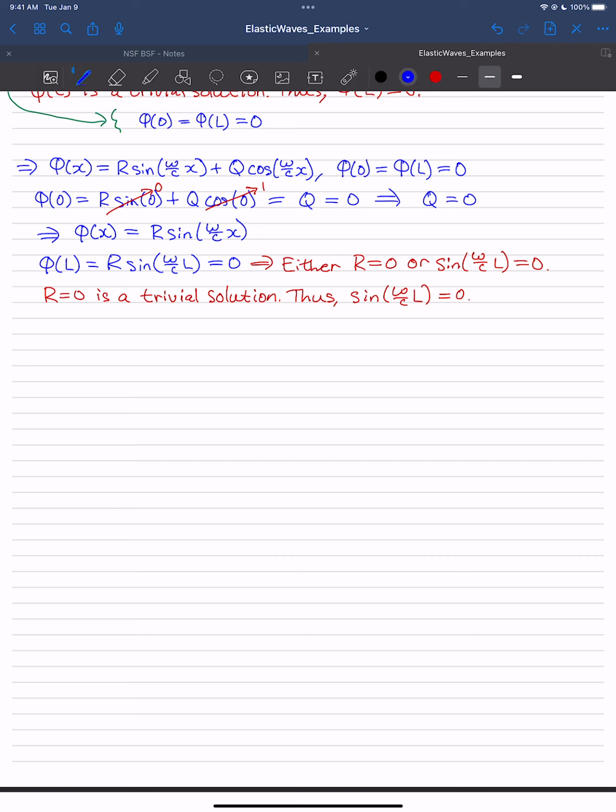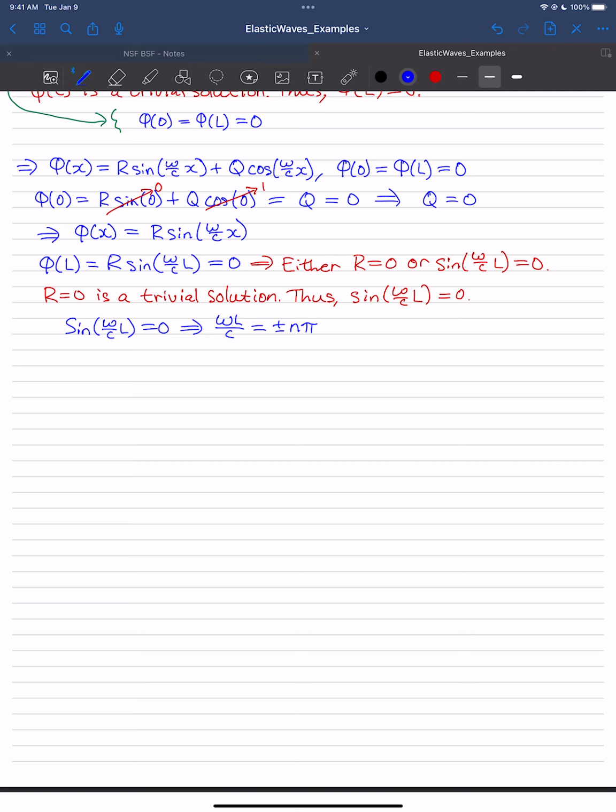Okay, so we have that the sine of omega L over c is equal to 0. That tells us then that omega L over c must be equal to plus or minus n pi, although we are only going to consider positive in this case.